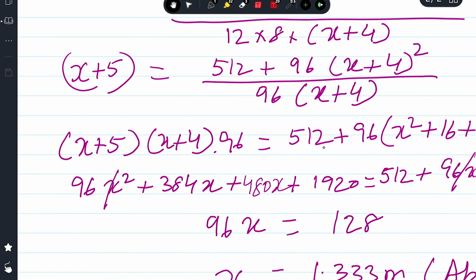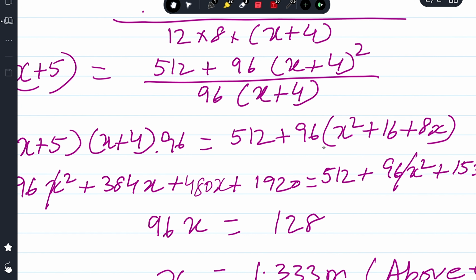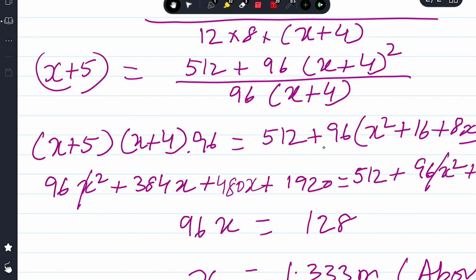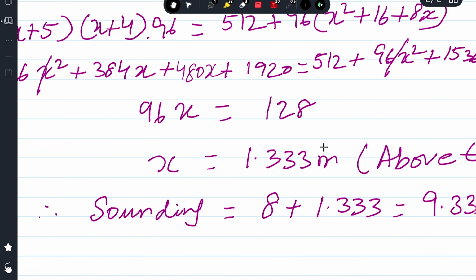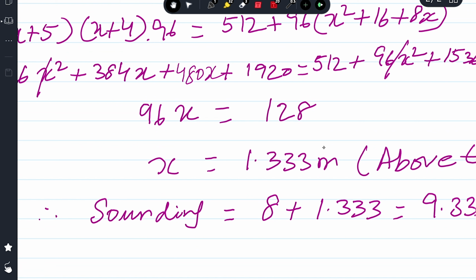Further simplification gives a quadratic equation, but don't worry, because the x square part will cancel out. If you open all the brackets, cross multiply and carefully multiply, you will see that the 96x square and x square both cancel out, and then there is a simple equation for x. 96x is equal to 128.